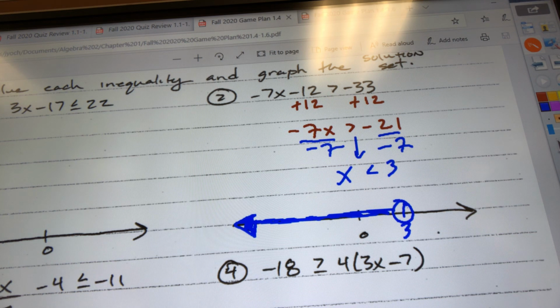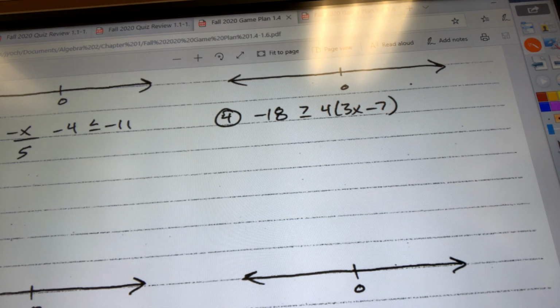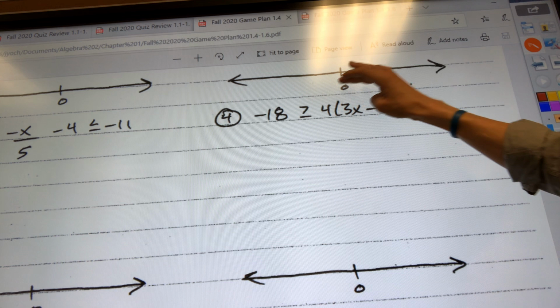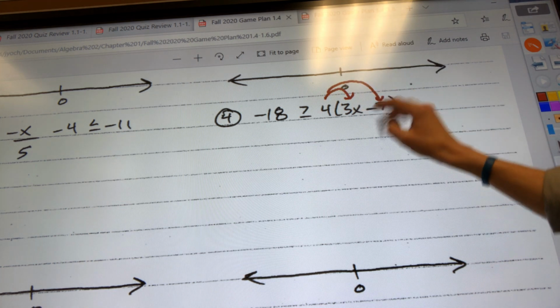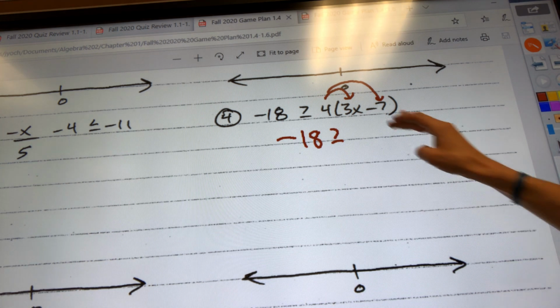Number 1's pretty easy. We'll try that in class together on Monday or Tuesday. Again, pause this whenever you need to. Let's talk about number 4. There, you can see 4. Let's distribute. All right, 12x minus 28.